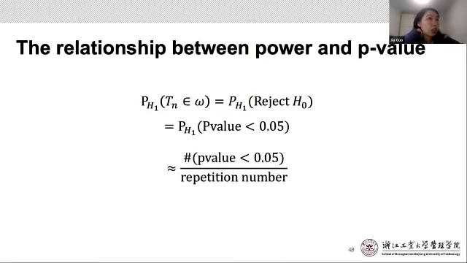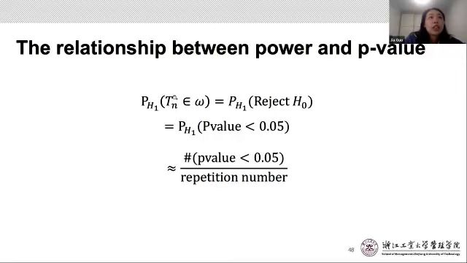And now this is the relationship between power and the p-value. Previously we always talked about the p-value problem, but later we will talk about the power analysis. So what's the relationship between the power and the p-value? This is a derivation here.